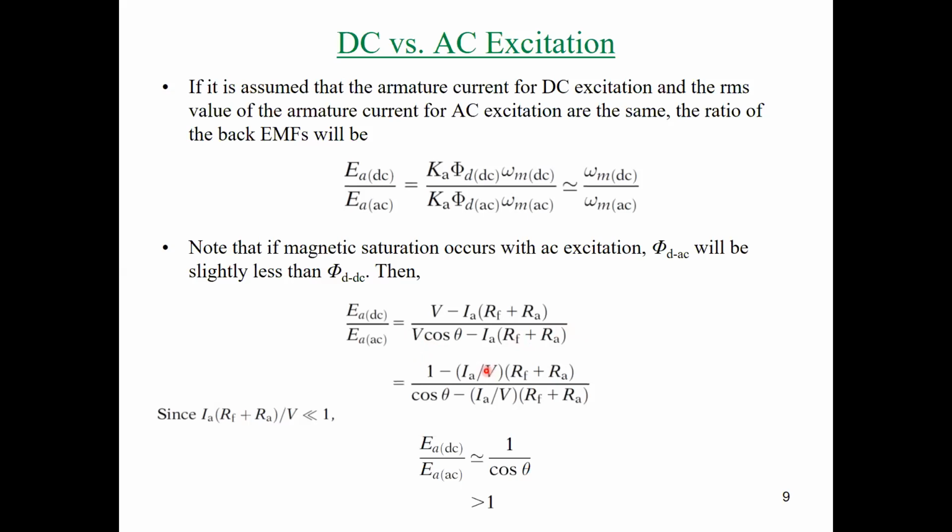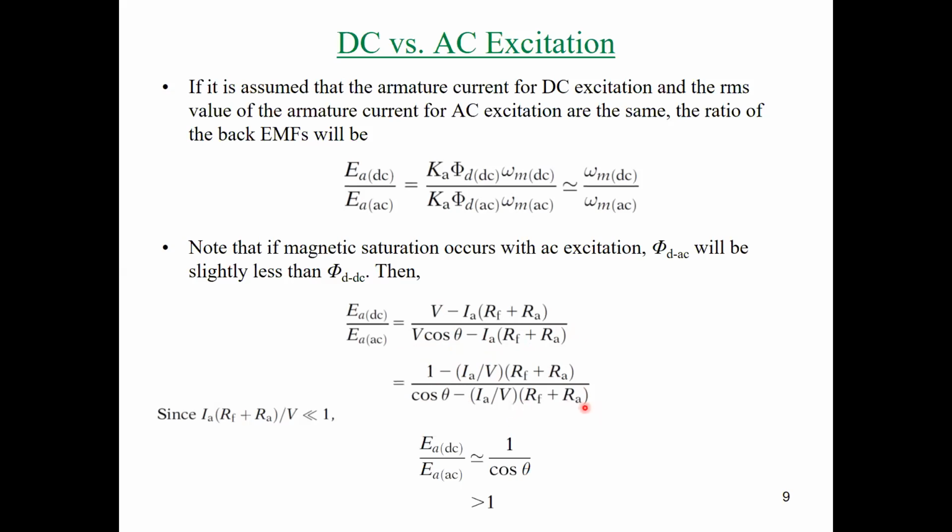If we divide by V in the numerator and denominator, this will be 1 minus IA divided by V multiplied by the total resistance. And this one will be cosine theta minus IA divided by V multiplied by the same resistance.